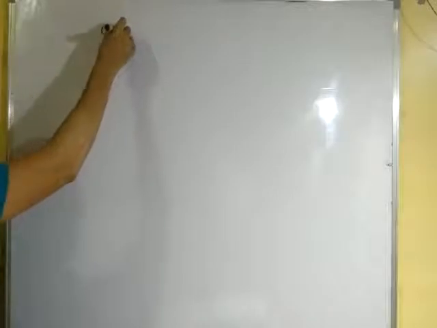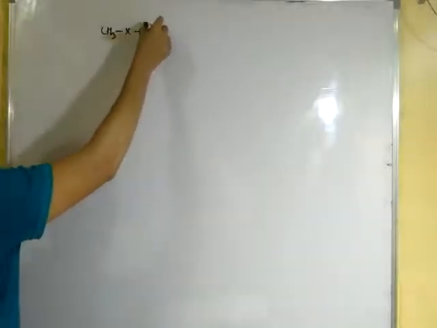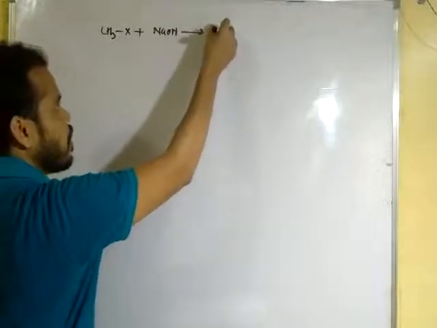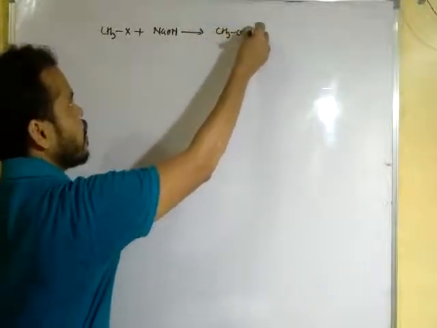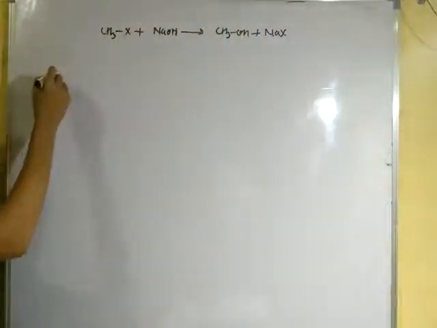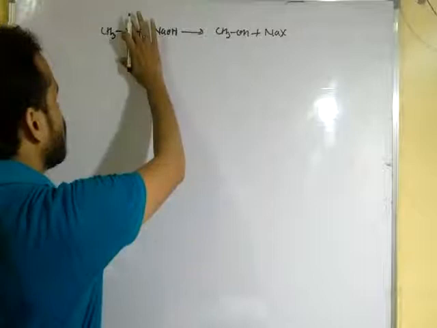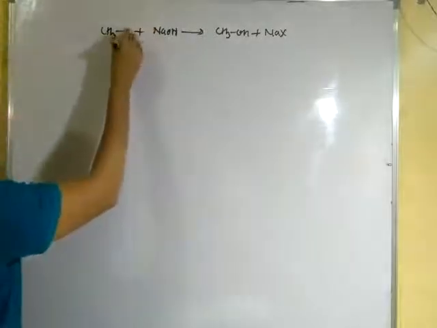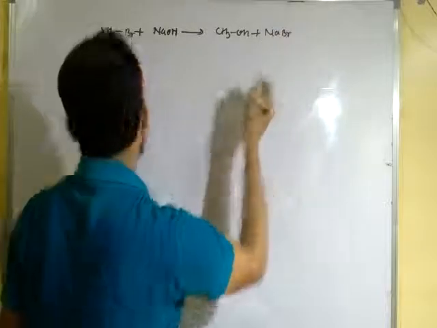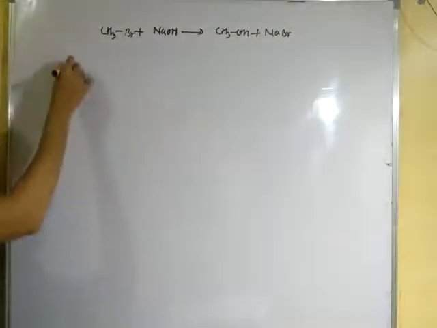See here, suppose CH3X and NaOH form CH3OH and NaX. Let us see here bromine, then NaBr will be formed.